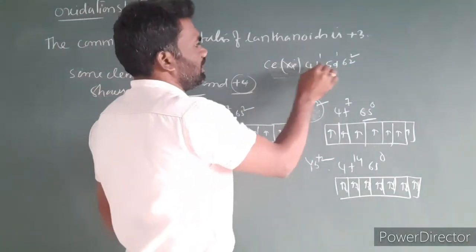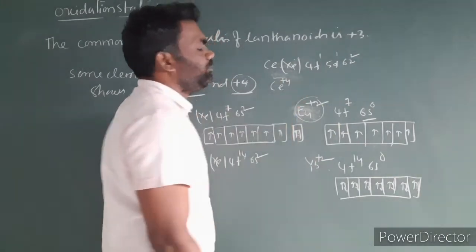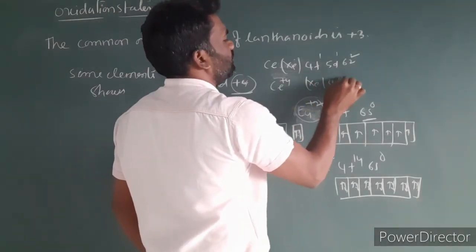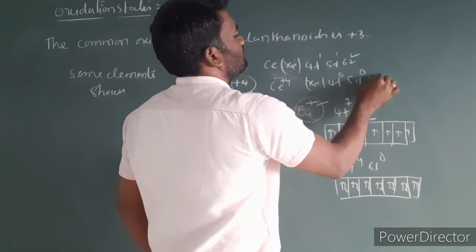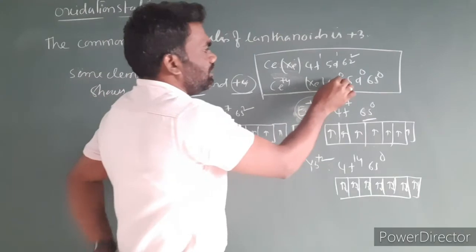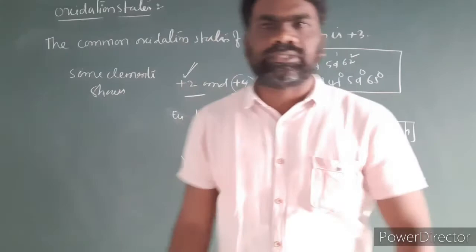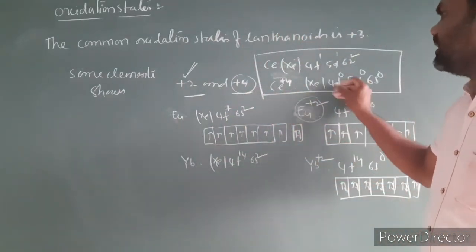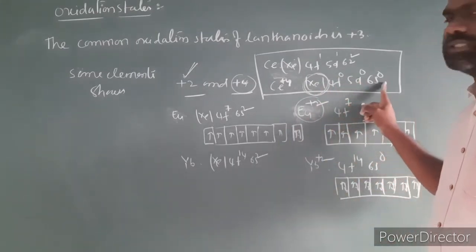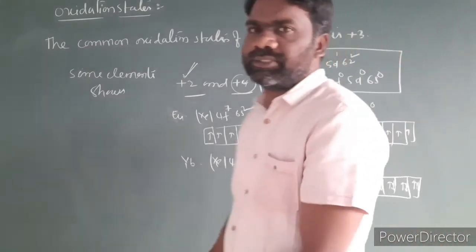If cerium loses these total 4 electrons, it becomes cerium +4, with the configuration xenon 4f0 5d0 6s0. After losing all the electrons, it gets the +4 oxidation state and reaches the noble gas configuration of xenon, so it shows the +4 oxidation state.